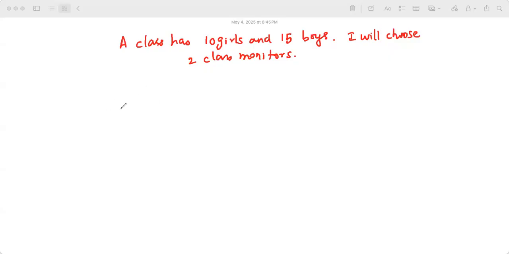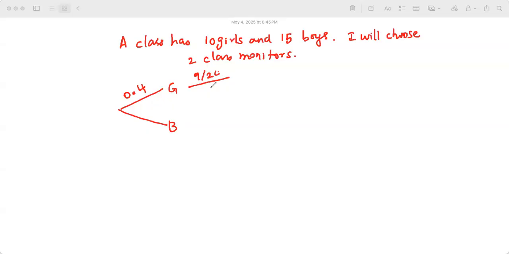Okay. Part tree diagram I'm going to give you. You're going to fill in the tree diagram. Okay. Picking a girl, picking a boy. The first class monitor picking a girl, picking a boy. This is 0.4. Now I'm telling this is 9 by 24.